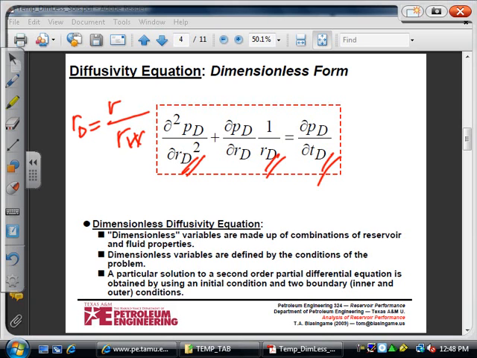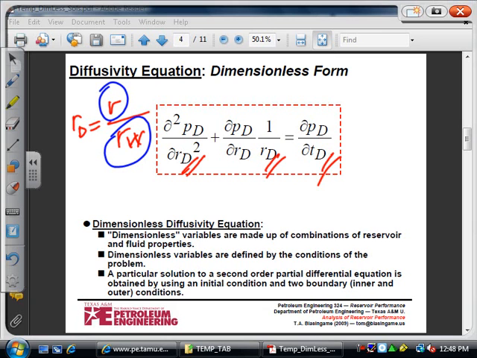You take your RW, which is the wellbore radius, and if you divide the R parameter by RW, you end up with the dimensionless radius. Okay? As I told you, this is defined by intuition.